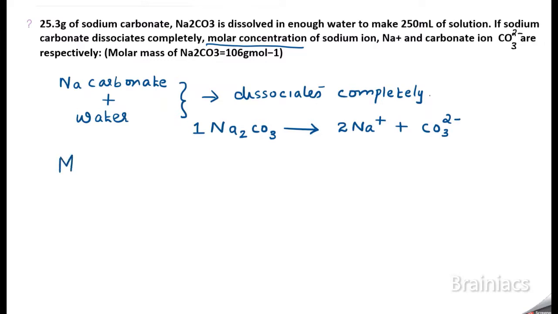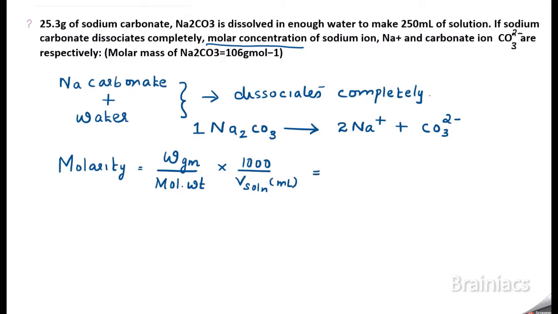We know molarity is equal to weight in gram of the solute divided by molecular weight of the solute multiplied by 1000 by volume of the solution in ml. Since it is ml, I am multiplying by 1000.